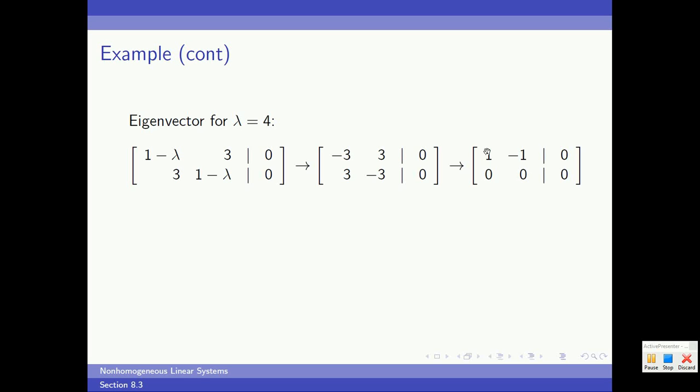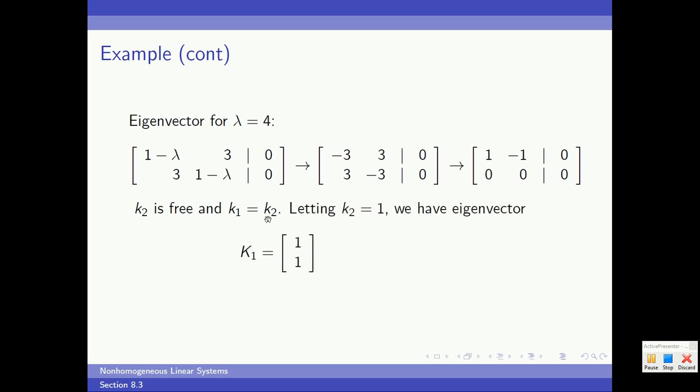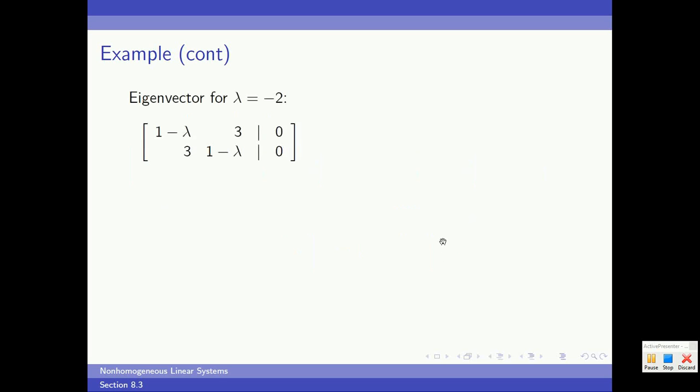Here we have a leading 1 in our k1 spot and a 0 in our k2 spot, so k2 is our free variable. We can write this equation as k1 minus k2 equals 0, so k1 is equal to k2. Choosing something easy, we let k2 be 1, and so we have our eigenvector 1, 1, which gives us our solution k times e to the lambda t, where lambda here is 4, so e to the 4t. That's one solution for our homogeneous equation.